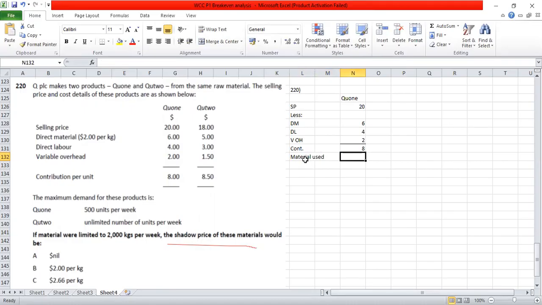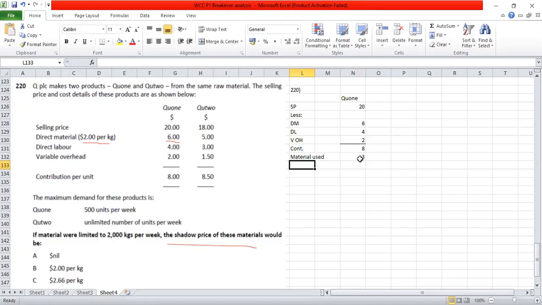We see the cost of material per kg is $2. The cost of material is $2 and the cost comes up to 6. So how many kgs were consumed? Here it would be 6 divided by 2.